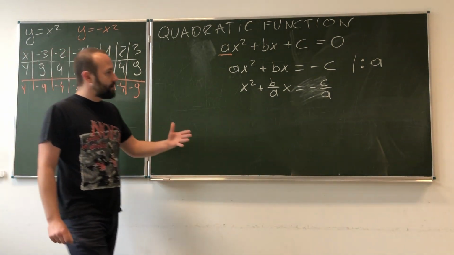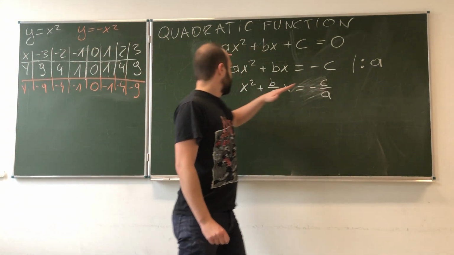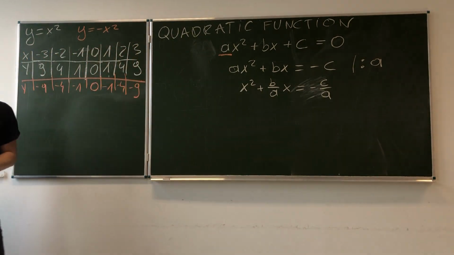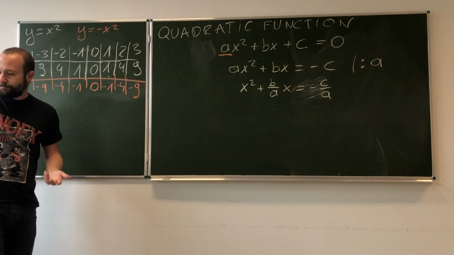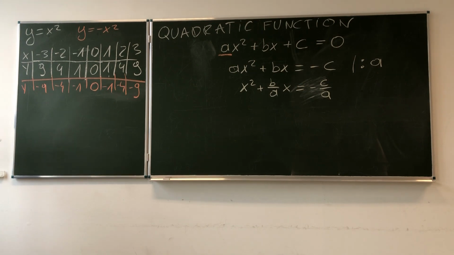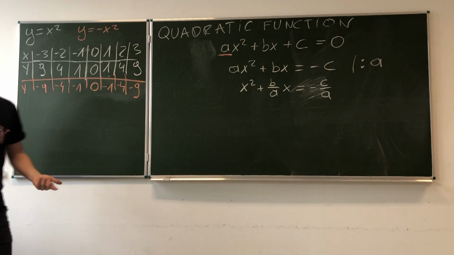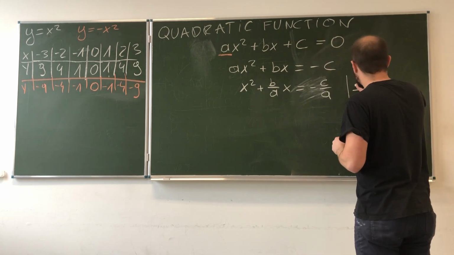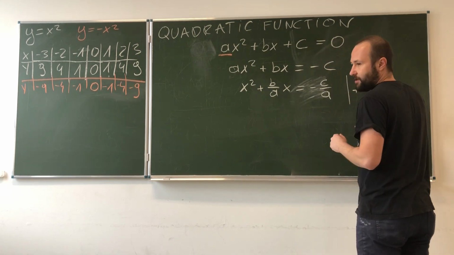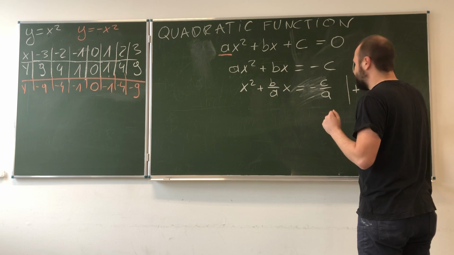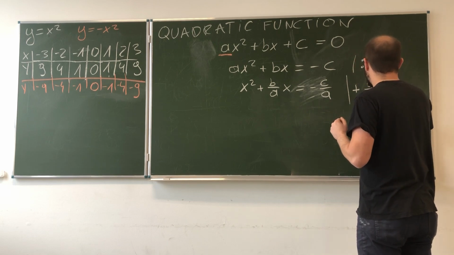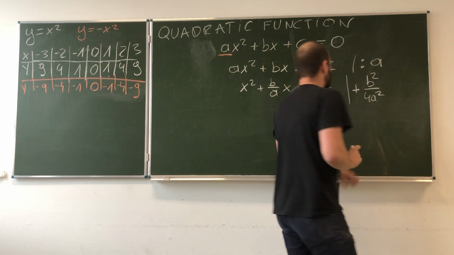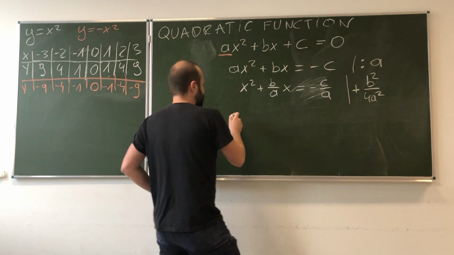But remember, as long as I'm adding the same number to both sides of this equation, this is clearly a permitted practice. And look, the expression I'm going to add is plus b squared over 4a squared. Okay, so now I just need to add.